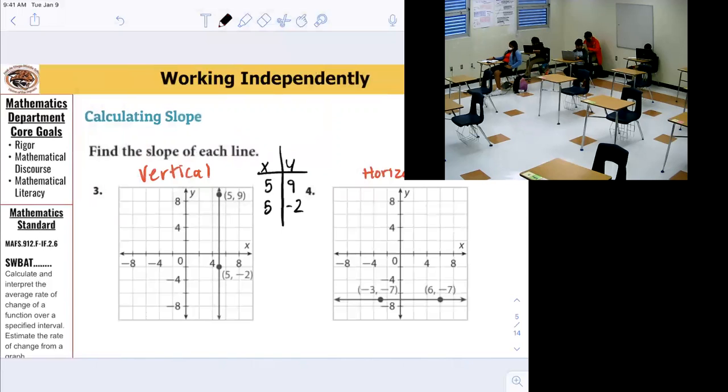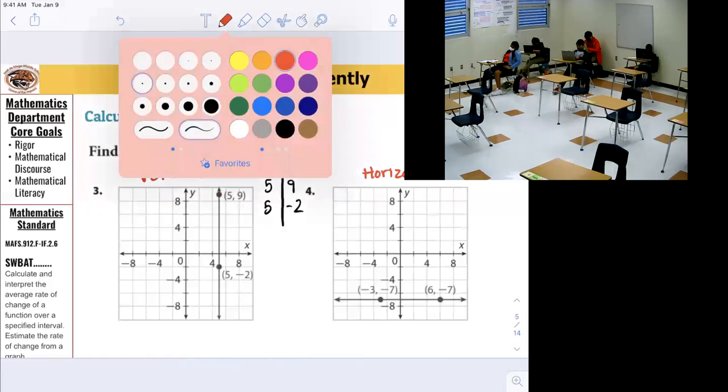It's not a function. Yeah, good. It's not a function because what's happening with the x values? They're repeating, and on the graph you can see that they're stacked on top of each other. So example 3 is not a function, and that's super, super important. So I'm going to label that real quick. This is not a function.